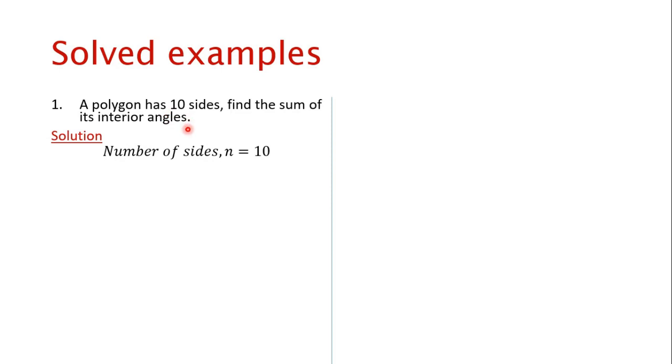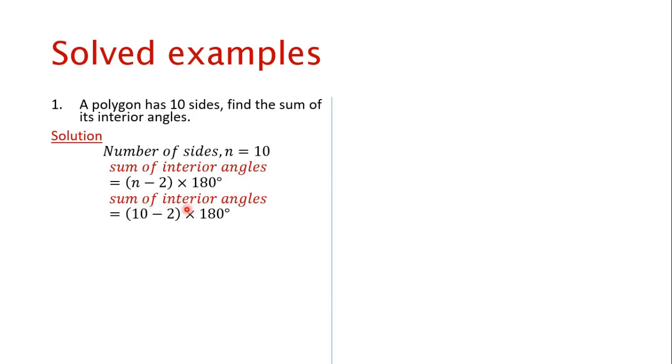Okay, so the solution. From the question, the number of sides of the polygon, which we are representing with n, is equal to 10. So the polygon has 10 sides, so n equals 10. We are finding the sum of interior angles, so we use the sum of interior angles formula, which is sum of interior angles equals n minus 2 multiplied by 180 degrees.